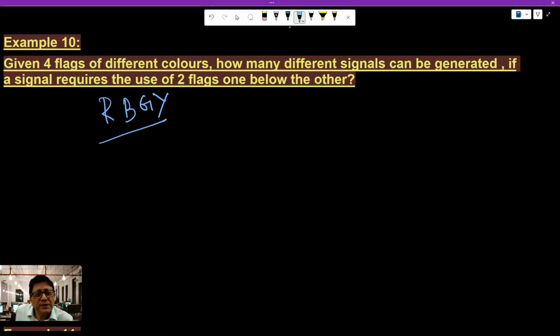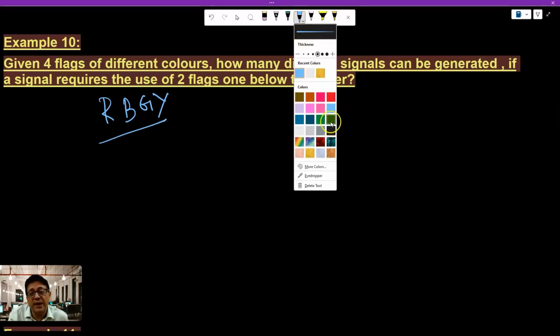You are preparing signals. So suppose I am taking 2 flags in this manner.